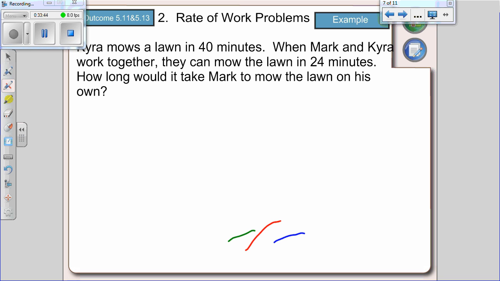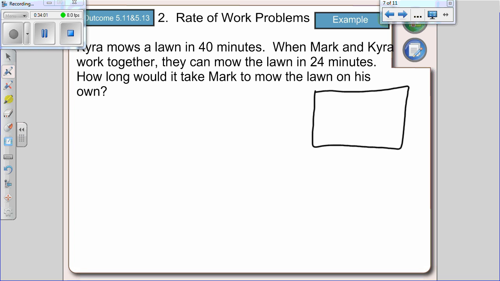So, there's a lawn. Same lawn. Kyra's green. She mows the lawn by herself. She starts mowing, she mows all the way across. Takes her 40 minutes.